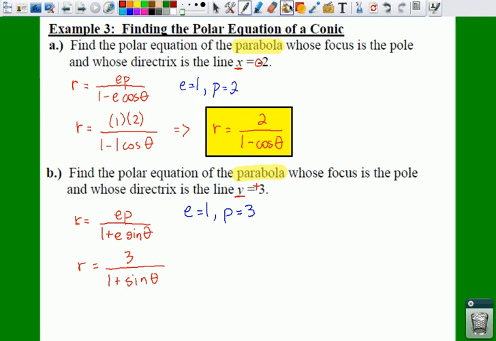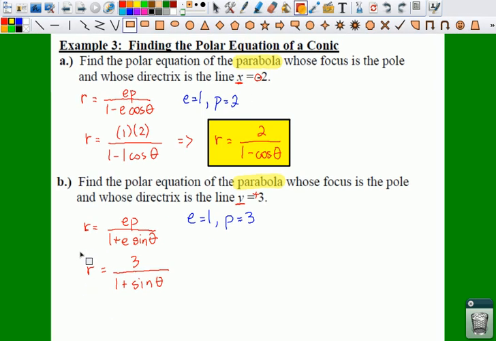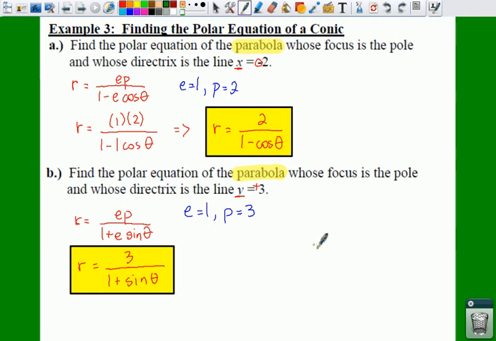Now, in some of your problems in your homework, you're going to end up with some fractions. So if, for instance, you get something where you have r equals 2/3 over 1 minus, say, 2/9 cosine of theta, well, you can't leave these as fractions.